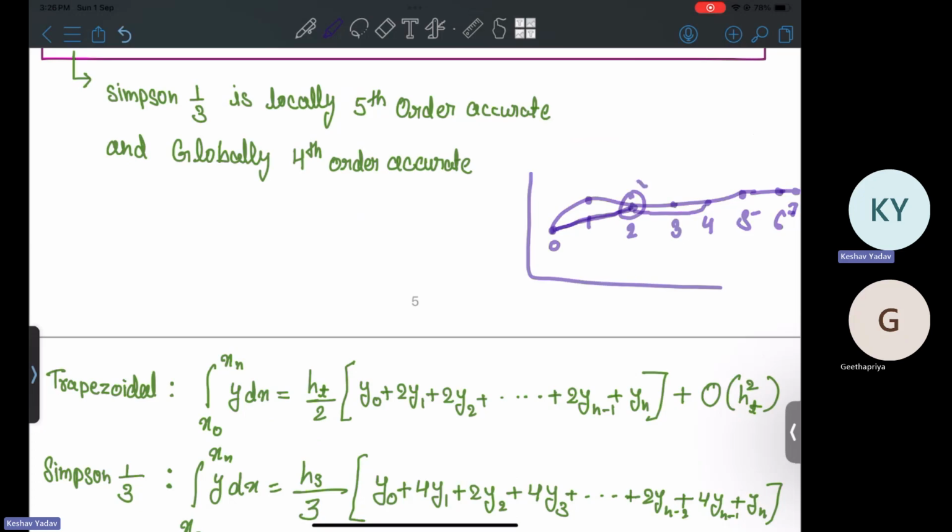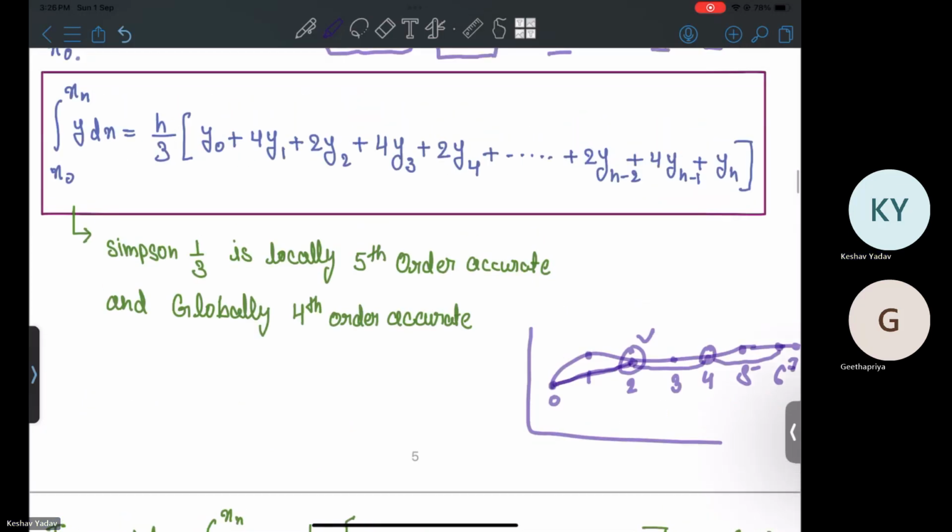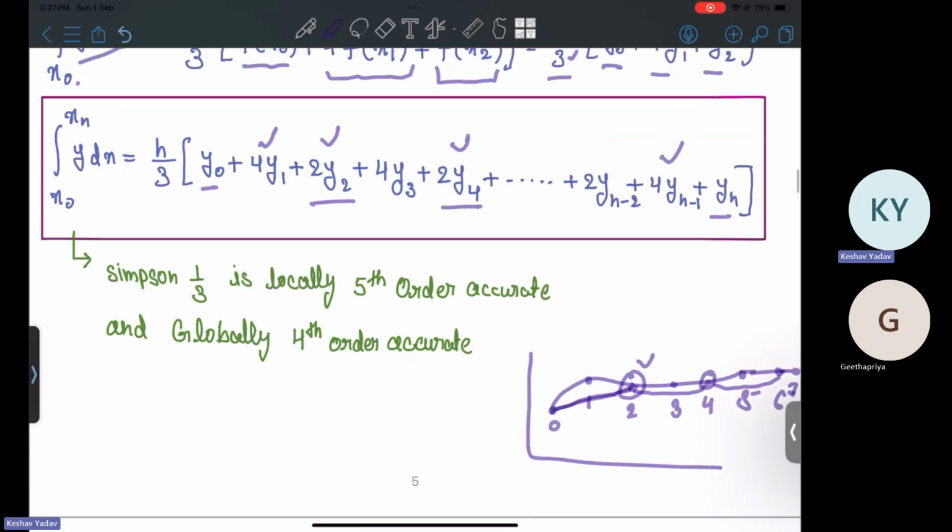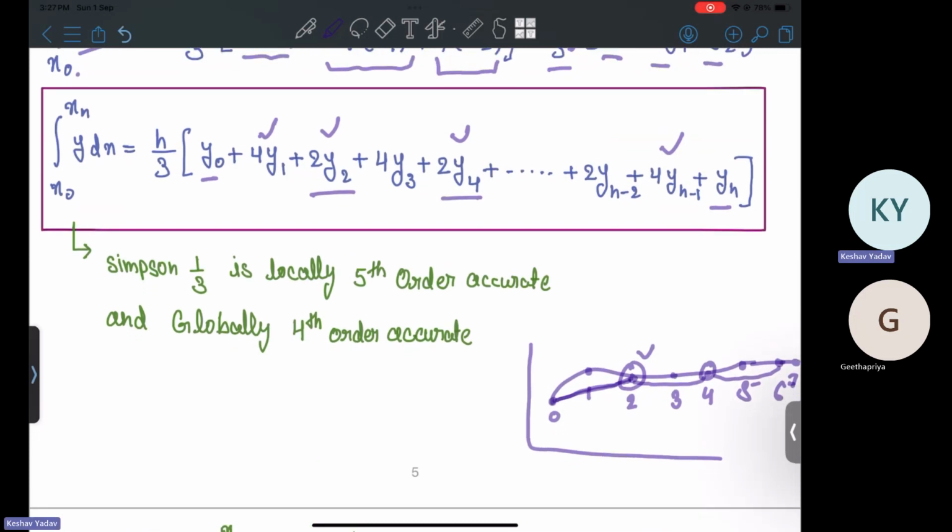So this point comes 2 times, similarly this point will come 2 times. That's why y2 will come 2 times, y4 will come 2 times. So every even term will come 2 times and odd terms will come multiplied by 4, and the first and last points will come as they are. This is the formula for Simpson 1/3 rule.